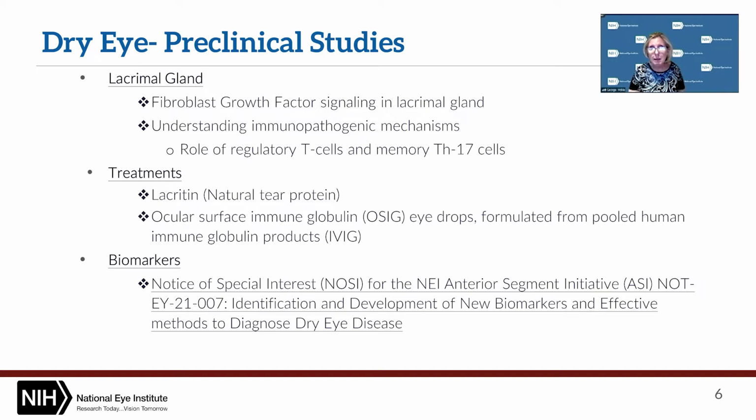We also have applications looking at treatment for dry eye. We have lacritin, which is a natural tear protein, and ocular surface immunoglobulin eye drops, which are formulated from pooled human immunoglobulin products. Both of these treatments are being shown to be successful for severe cases of dry eye.